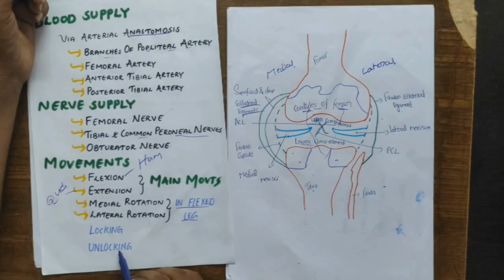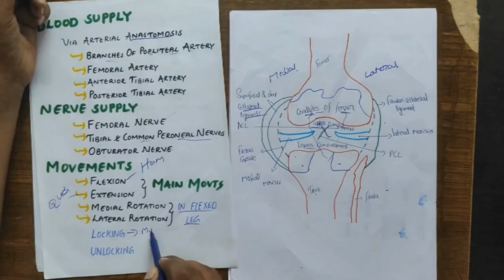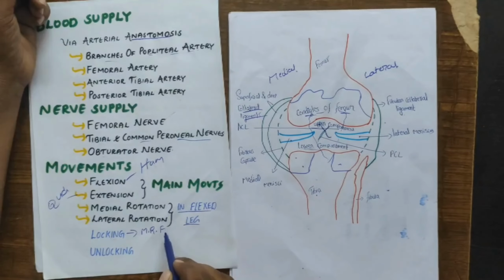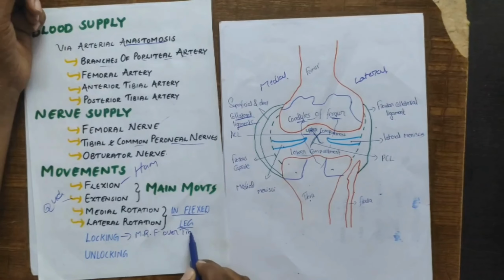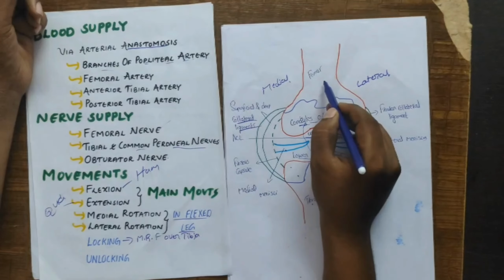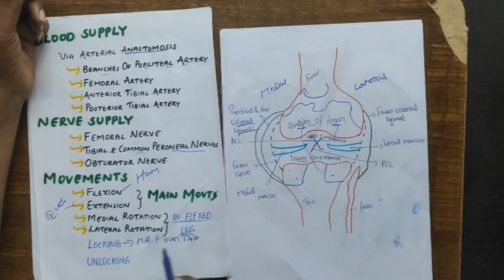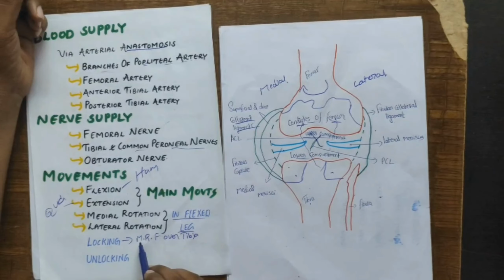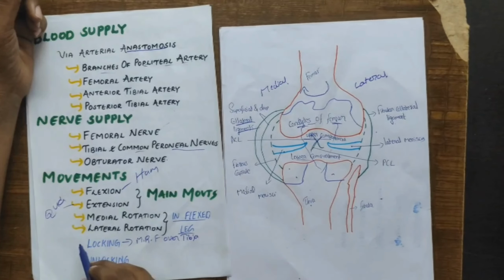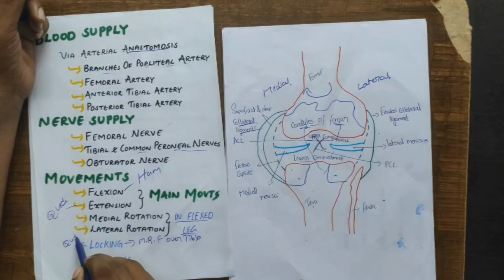Coming to locking and unlocking. Locking means medial rotation of the femur over the tibia. In the locking process, all ligaments of the knee joint become tight, and the main muscle of locking is again quadriceps.